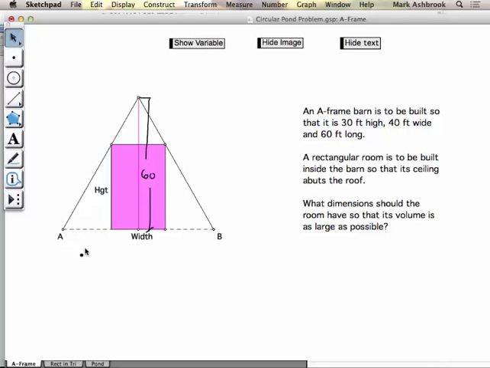And the total width is 30, so that means half the width is 15. Is that fair? 40, so 20. Okay, so the height is 60, half the width is 20 because the full width is 40.